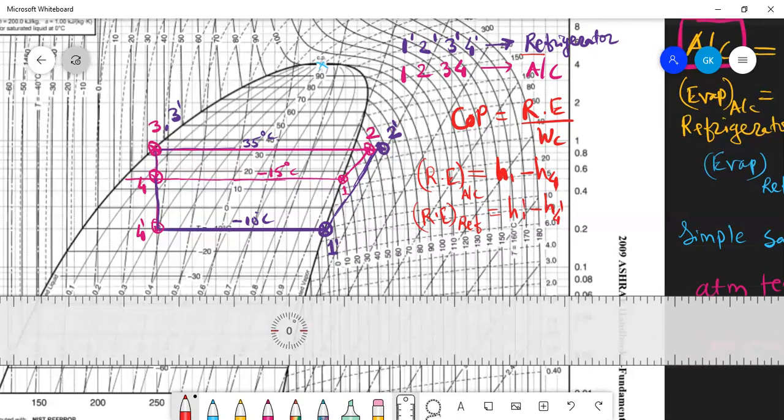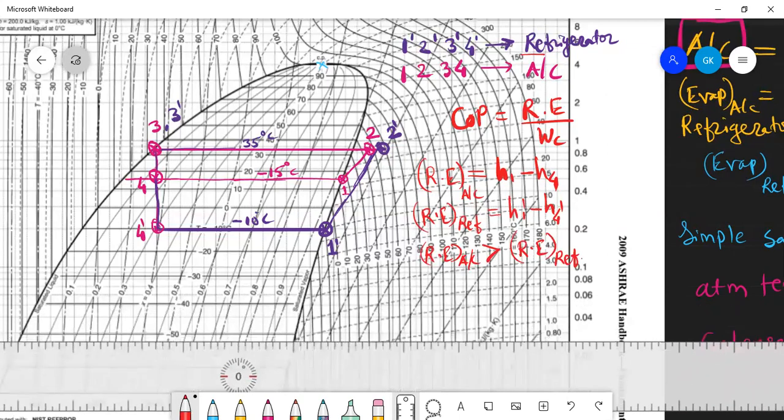If you compare, the length from 1 dash to 4 dash is slightly smaller. It means the refrigerating effect of the refrigerator is smaller than that of the AC.